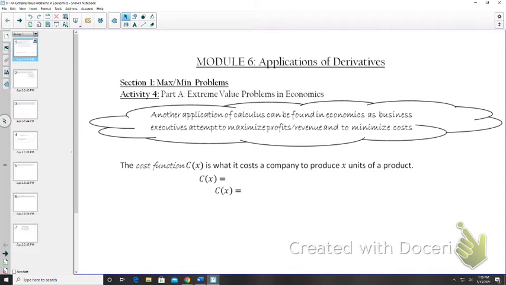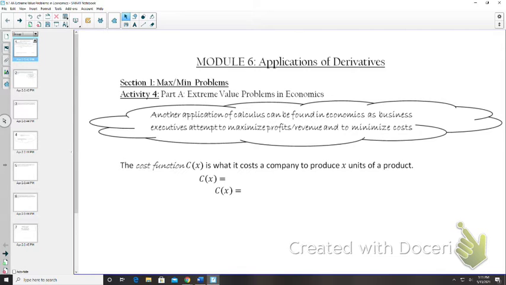So first thing we're going to introduce is the cost function. We're going to talk about 3 different functions today. We're going to talk about the cost function, the revenue function, and the last one, the profit function.